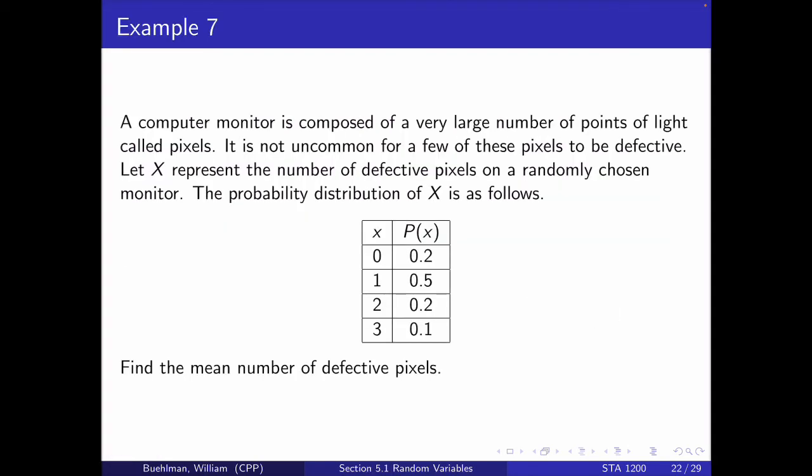Example 7. A computer monitor is composed of a very large number of points of light called pixels. It is not uncommon for a few of these pixels to be defective. Let x represent the number of defective pixels on a randomly chosen monitor. The probability distribution of x is as follows. Find the mean number of defective pixels.